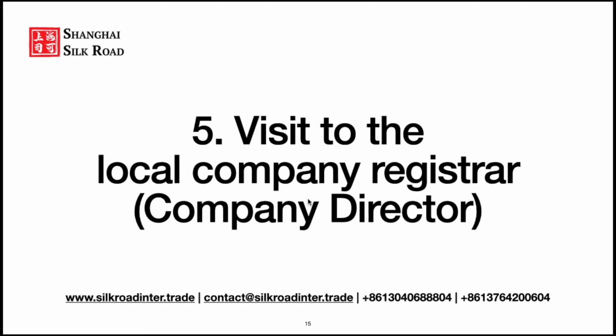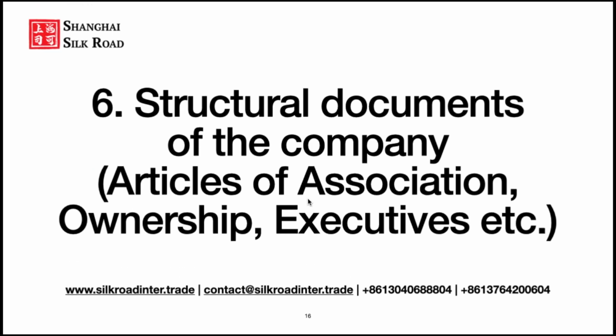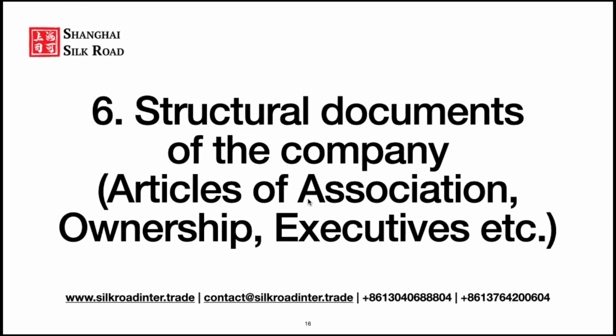So after the company director visits the local company registrar, we're going to wait for structural documents of the company. Structural documents of the company are articles of association, ownership, executives, etc. All these documents are going to show who is the owner, who is the executive, etc. So the local company registrar is going to draft these documents, and normally after the visit of the company director to the registrar, it's going to take around 5 to 7 business days to receive these structural documents from them.